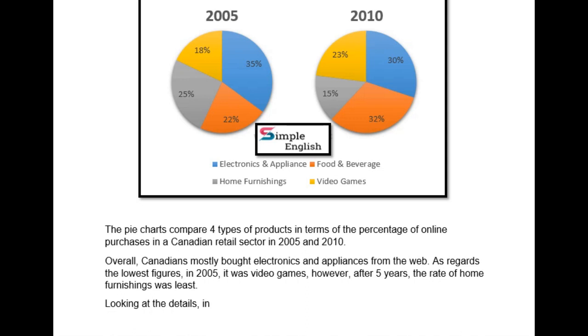So in the first year, I'm going to mention this one, 35%, more than a third of all goods sold online were electronics and appliance.